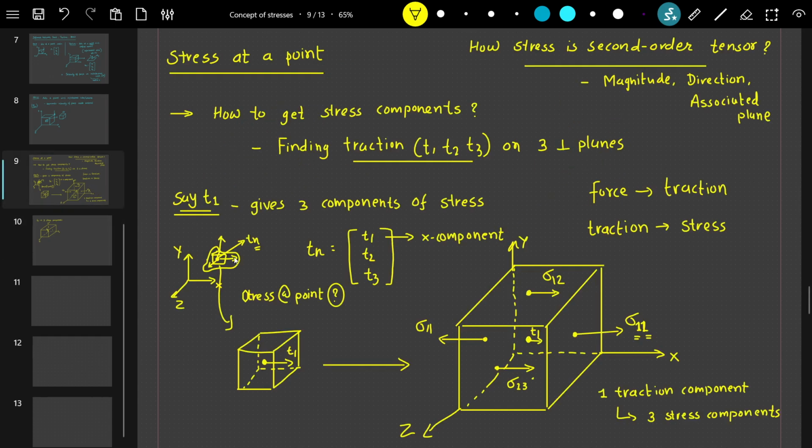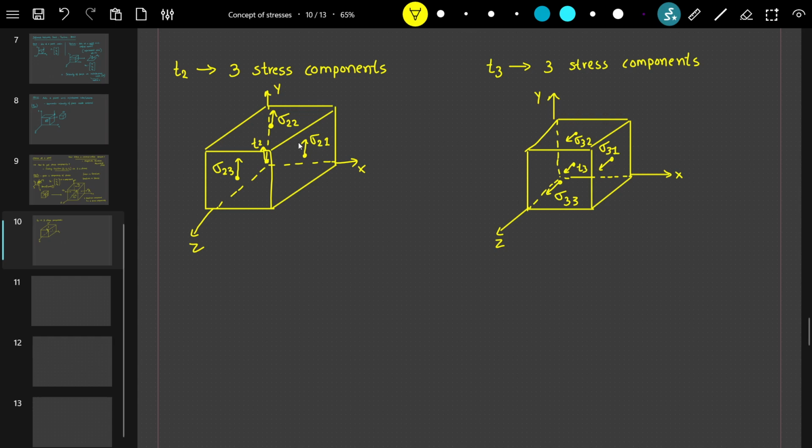Let's combine all these stress components: these three due to T1, these three due to T2 and these due to T3. If we combine them all, we get nine stress components, right?